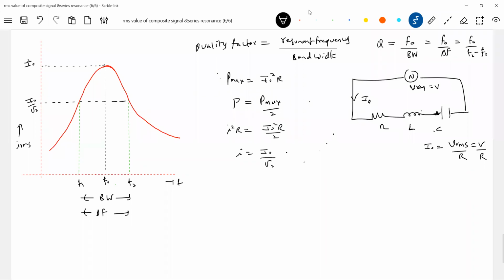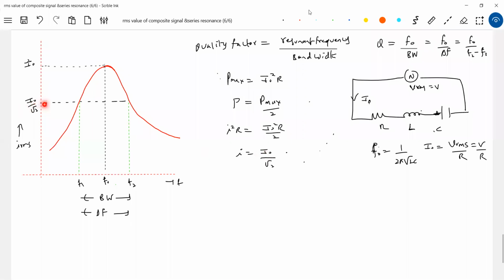I know the resonant frequency. The resonant frequency depends on what? So after plotting the graph, I can identify F naught. Okay, got this? And I know I naught. Then I will just move down along the current axis, to where the current becomes I naught by root 2. So why only I naught by root 2?